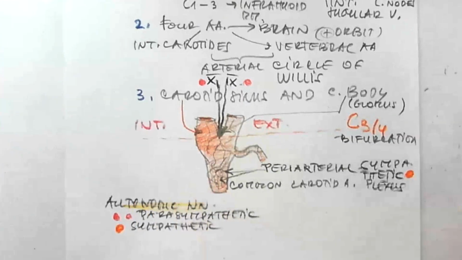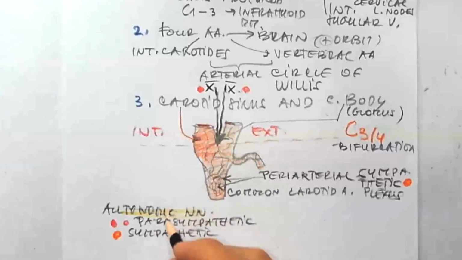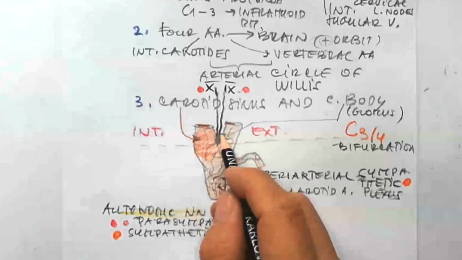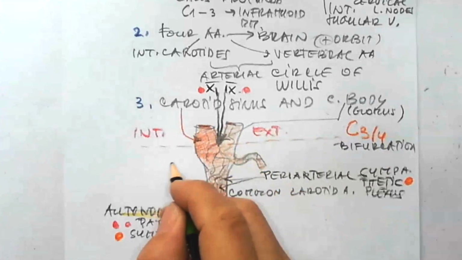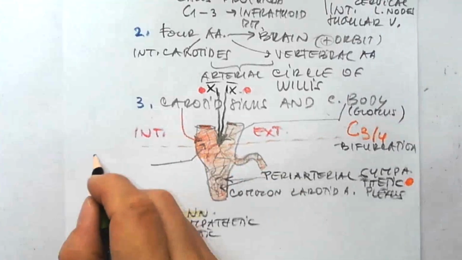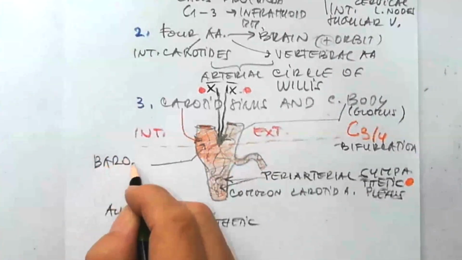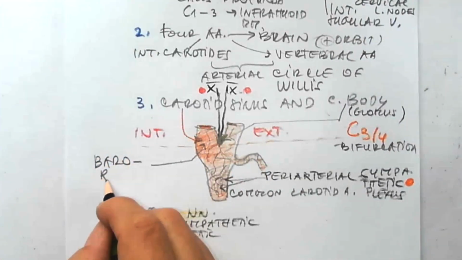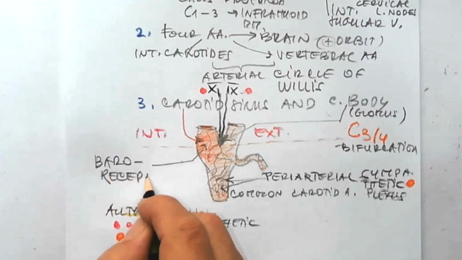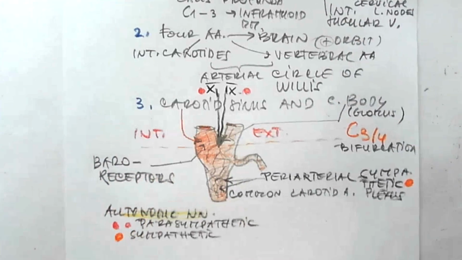We speak about these nerves because of the fact that these nerves innervate, number one, in the carotid sinus, the baroreceptors, controlling the blood pressure.